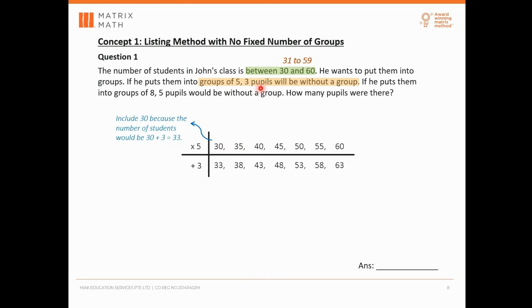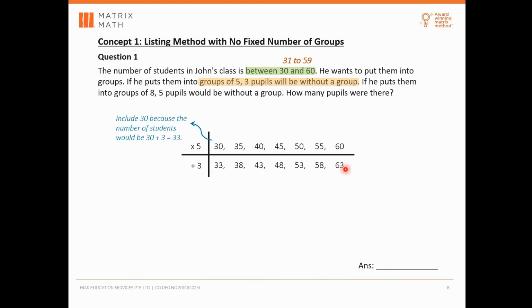So you're going to put starting from 30, and then you have 35, 40, 45, and so on. Then you add 3 because we know there will always be 3 without a group if you are putting them into groups of 5. So you have to add 3 to that number. So these are possible answers for the number of pupils.